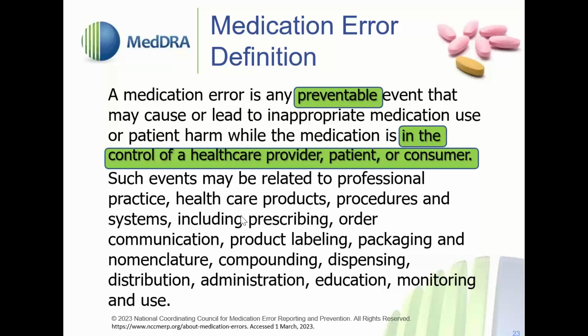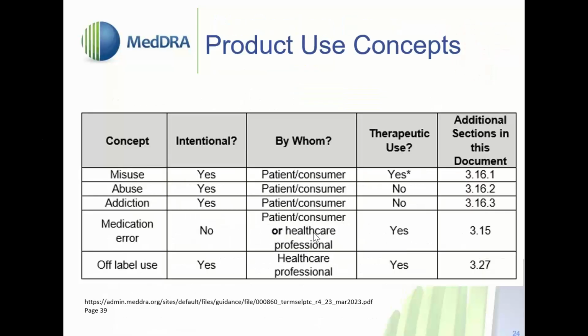Medication and other product use errors may be related to professional practice, the products themselves, and healthcare processes and systems, including prescribing, communication of orders, labeling, packaging, preparation of products and their dispensing, distribution, and administration, as well as the related education and monitoring. So it covers a lot. This slide serves as a visual representation from page 31 of the PTC document that facilitates the classification of product use errors and problems.